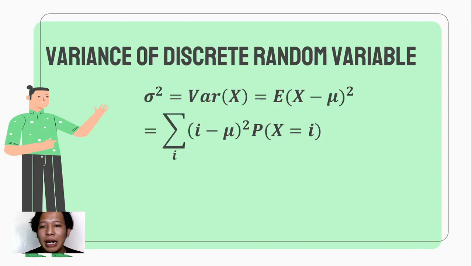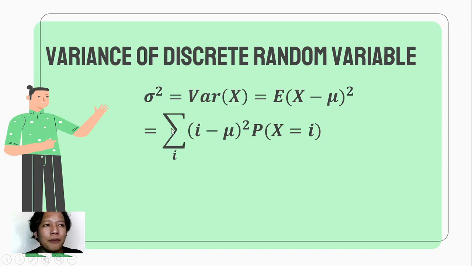The variance is symbolized by Var(X), which is equal to the expected value of X minus the mean, squared. We take the differences from the mean.